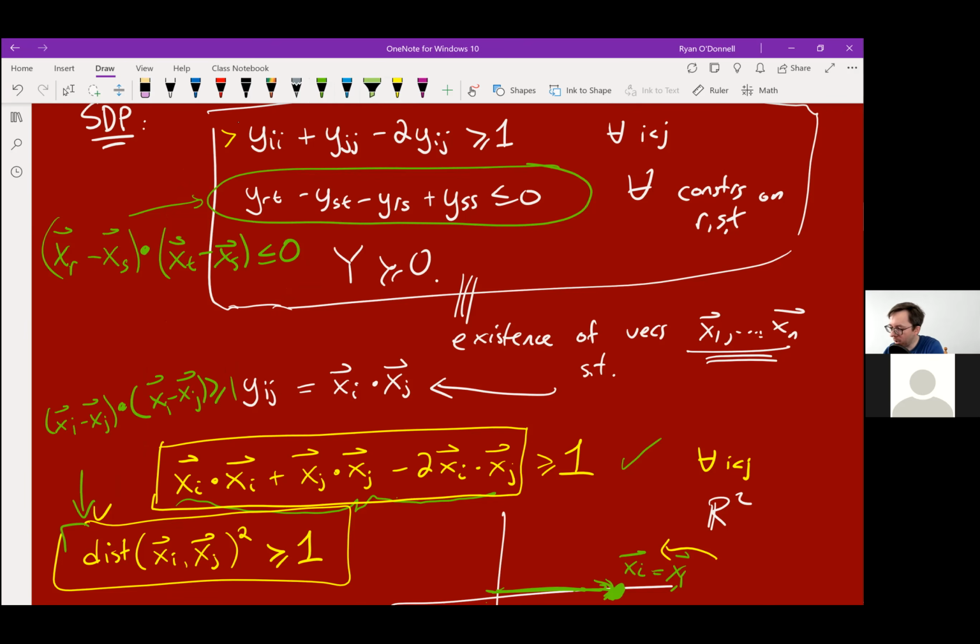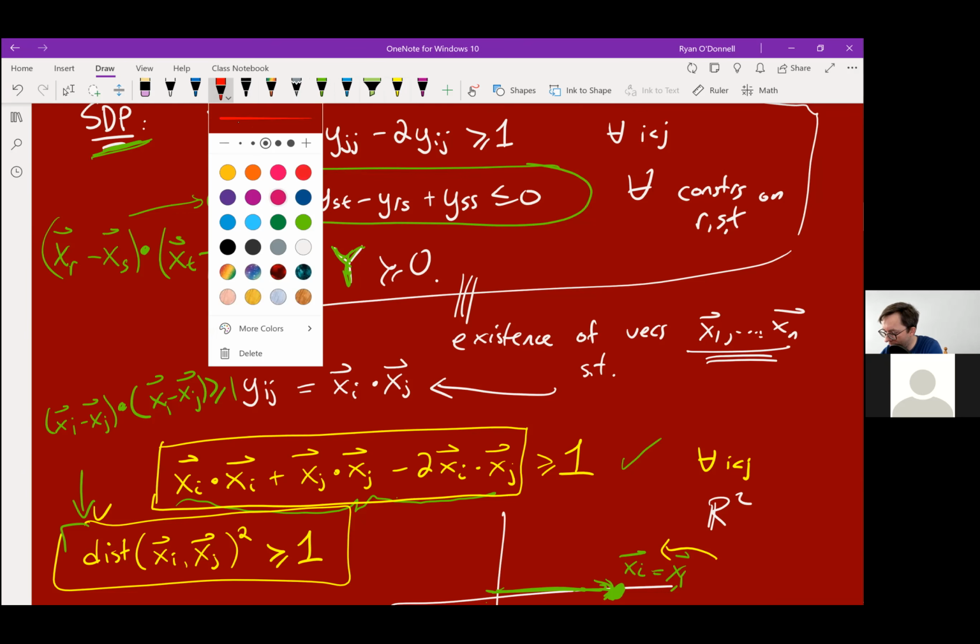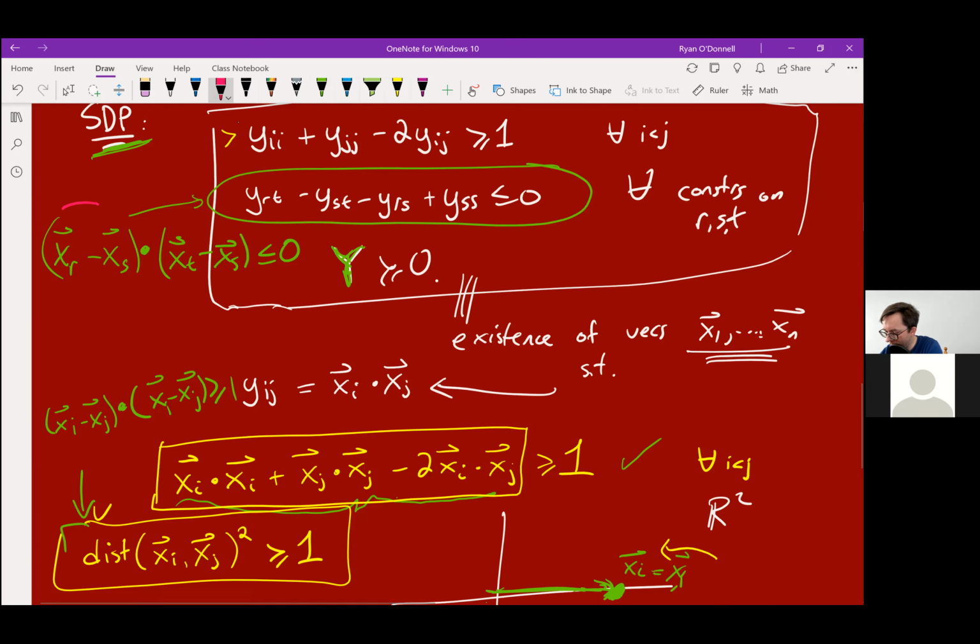So it's kind of like, if we have a solution to this semi-definite program, which is like this matrix of y, then it's equivalent to having some vectors that satisfy this, whenever RST is a constraint, and also this.